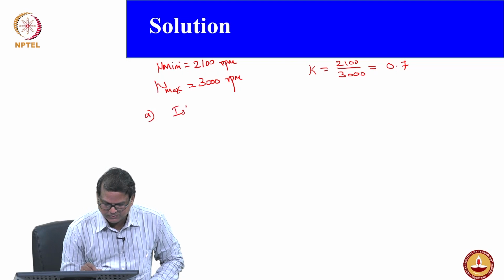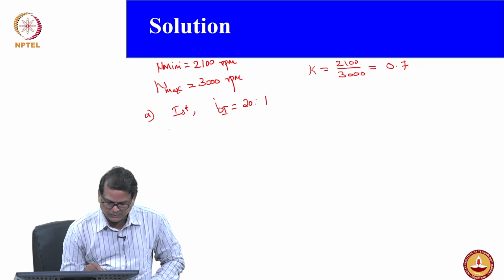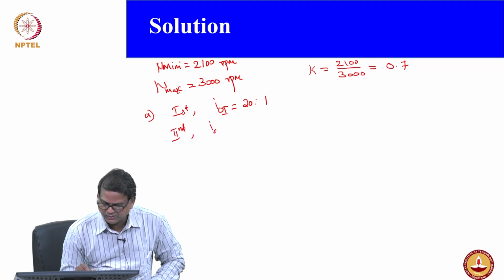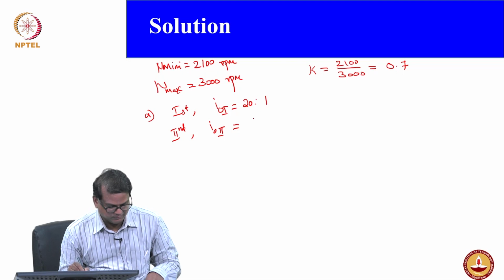The first, we know that IO1 equal to 20:1, fine. For second, it should be IO2. IO2 means K into IO1, that is what happened.